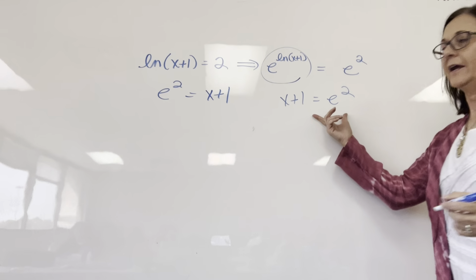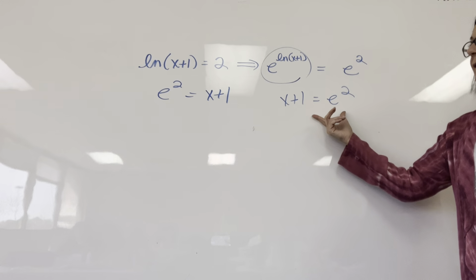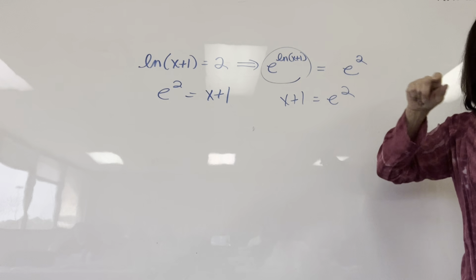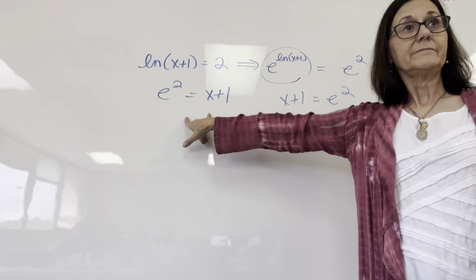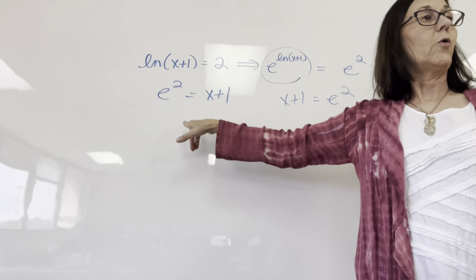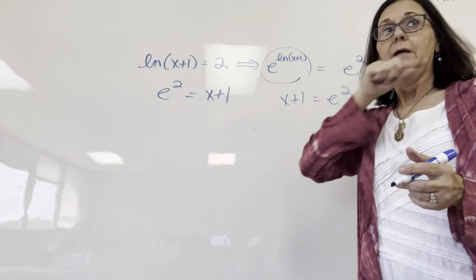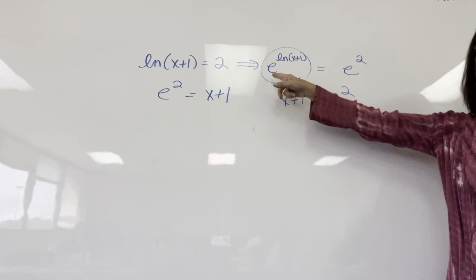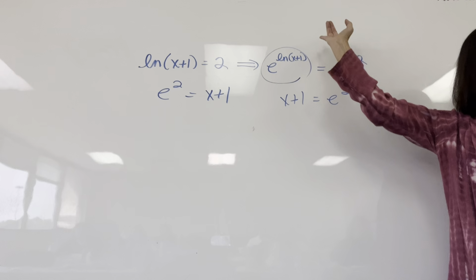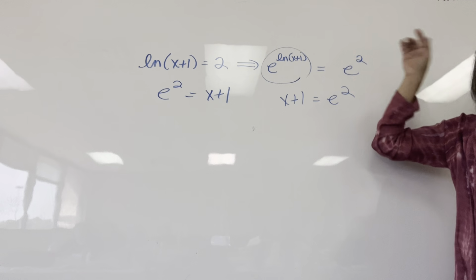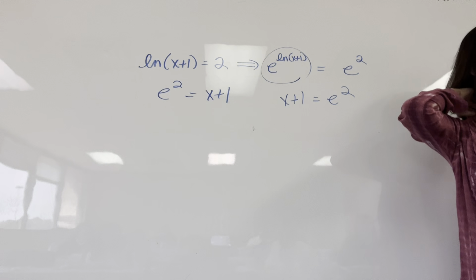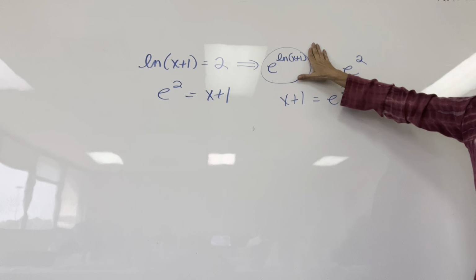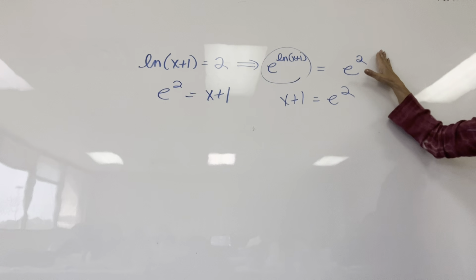All right, did we get here? So you can do it this way, or you can go straight to an equivalent exponent. Didn't we just do the same thing? No, we didn't. What did they do? They made e the base and put the equation in the exponents, right? That equals x plus 1 equals e squared.